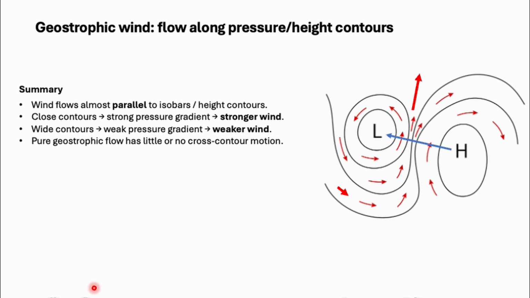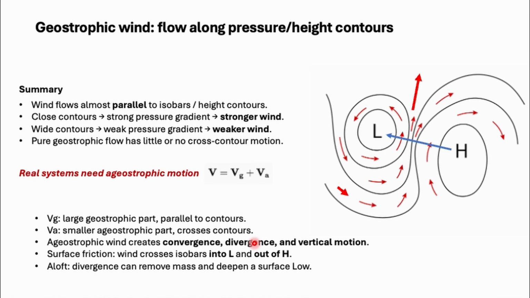For that, we need small departures from geostrophic balance, which is called the ageostrophic flow. The geostrophic wind explains the main direction of the wind, but real weather comes from the small departure from the geostrophic balance. This ageostrophic part allows air to cross contours near the surface.